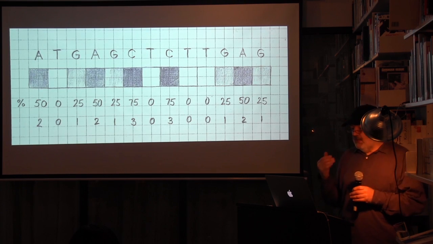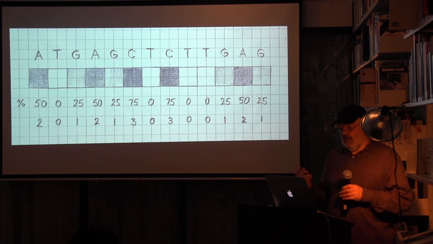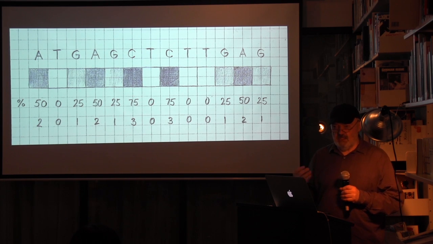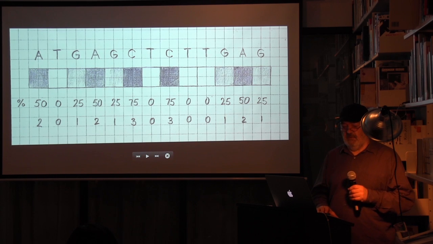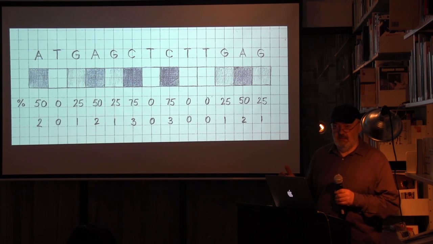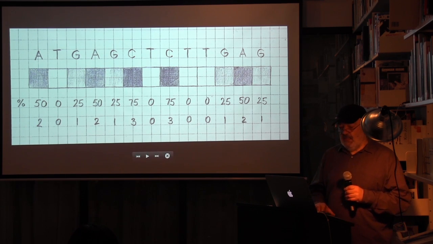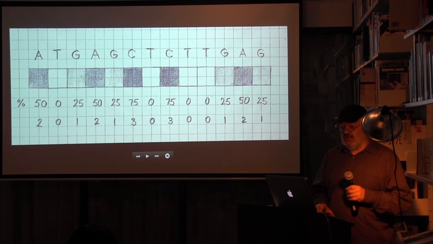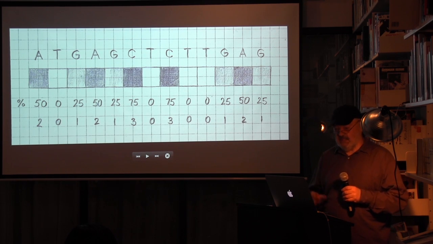So, at this point, we have 4 kinds of representations of DNA. One, which we are all familiar with, is this letters representation, which doesn't tell you anything. And then we have this grayscale representation, where you can see the relationships in values between the bases.